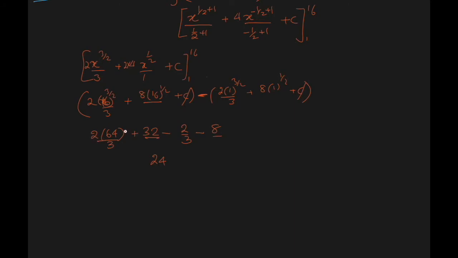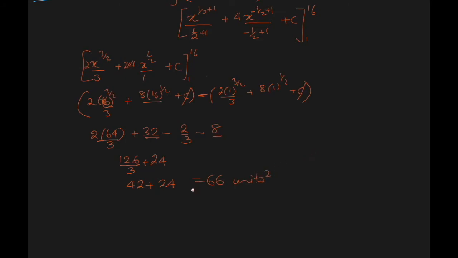This is 128 minus 2, 126 over 3. And we have plus in between. That will be 42 plus 24, which will be 66 units square.